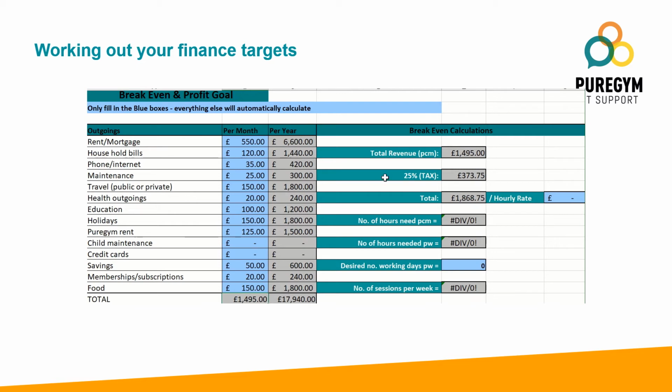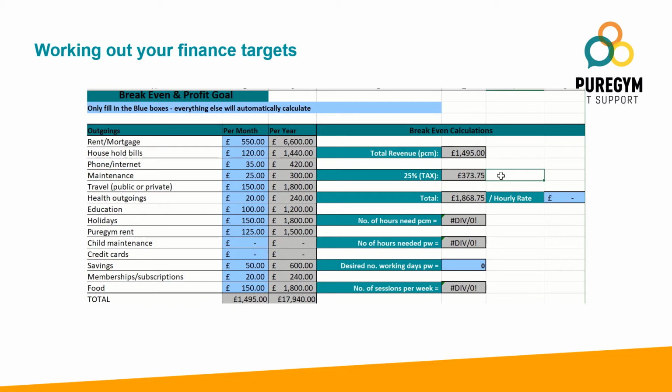So moving over here onto this other side, you've got your break-even calculation. Total revenue per month is 1495. So that covers my outgoings, as you can see down here. But we've also factored in, which I would recommend you start to think about early doors, your contribution and your tax responsibilities.